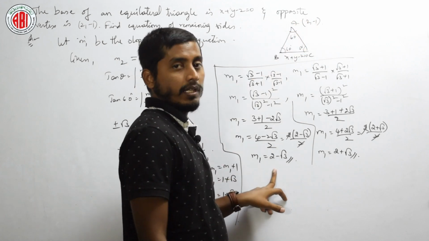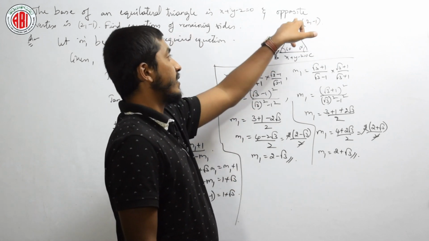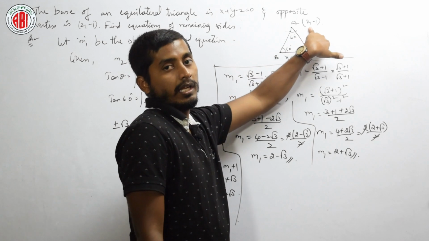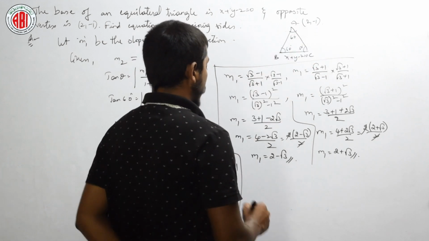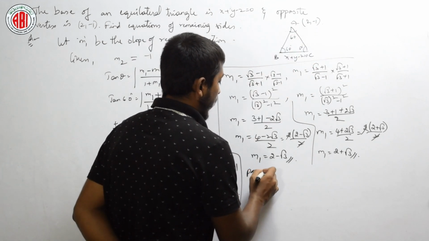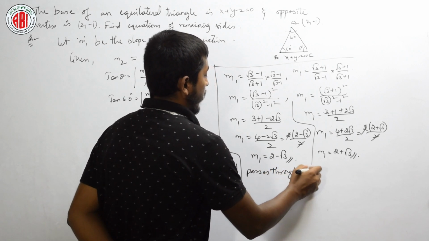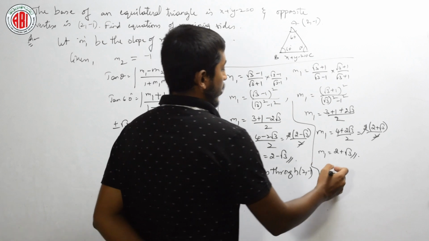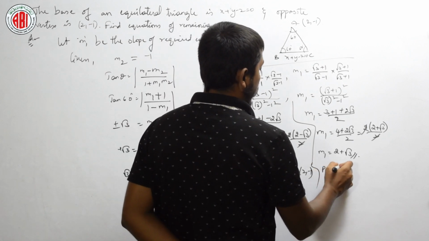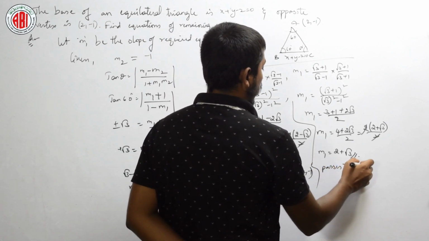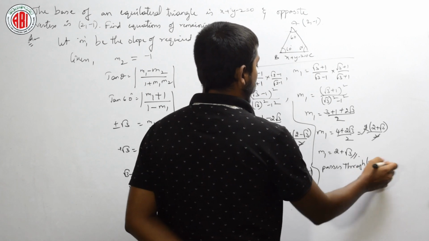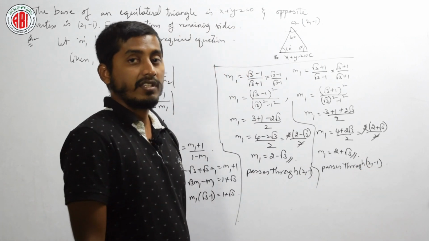We have slope and they gave that these both lines pass through this given point. Then the equation is, this passes through 2 comma minus 1. Here also it passes through 2 comma minus 1. Let us substitute in the equation. What is the equation?